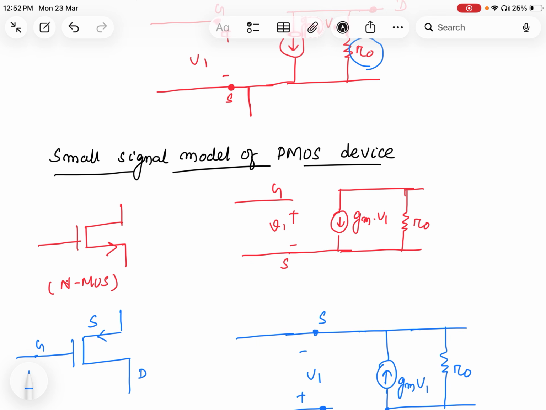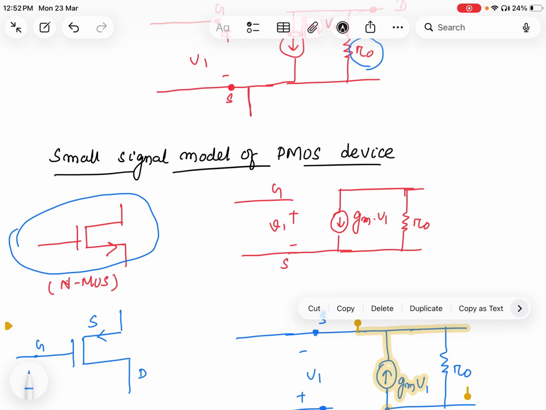You can see from the symbol that this is your NMOS, the arrow is outwards. Between gate and source, let the voltage be V1 and the current flowing from the drain to source is GM multiplied by V1, and an R0 is connected parallel to this.